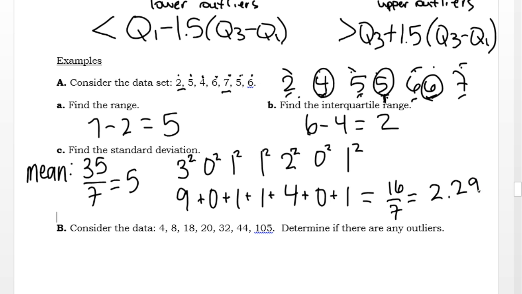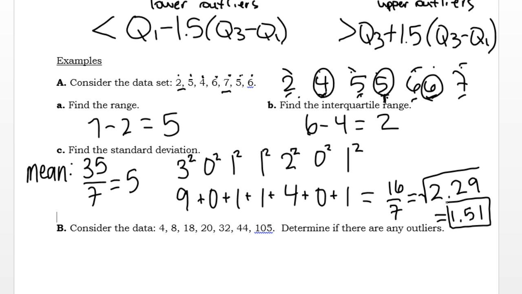And the last step is to square root that value. The square root of that is 1.51. So that is a pretty complicated calculation. That is the average distance of all of the points from the mean.